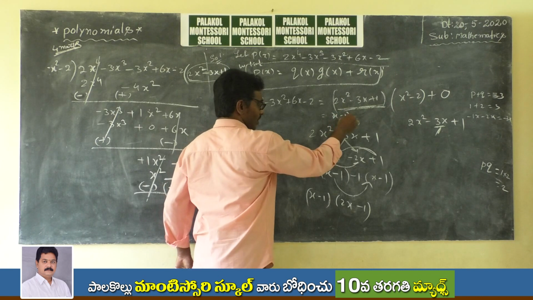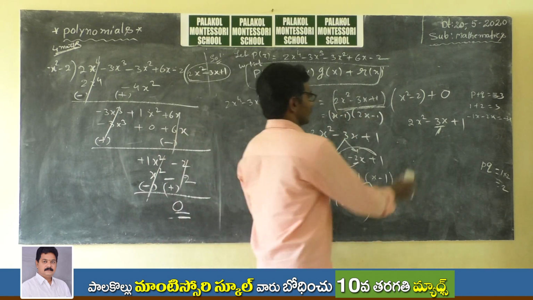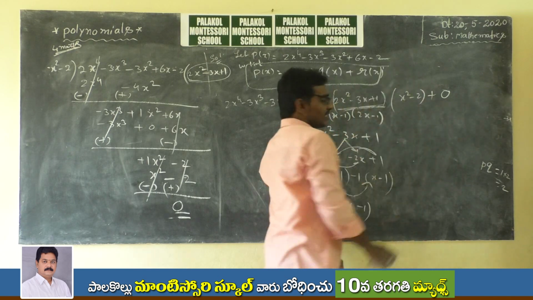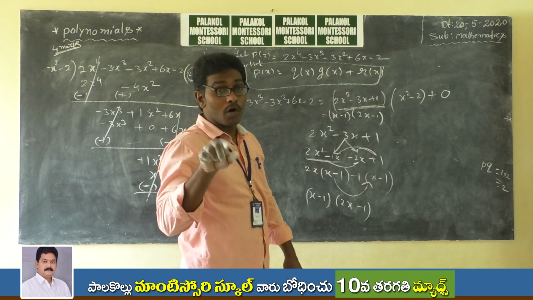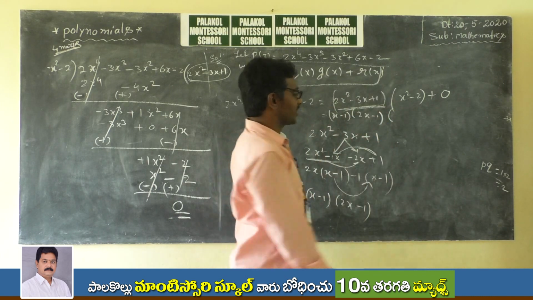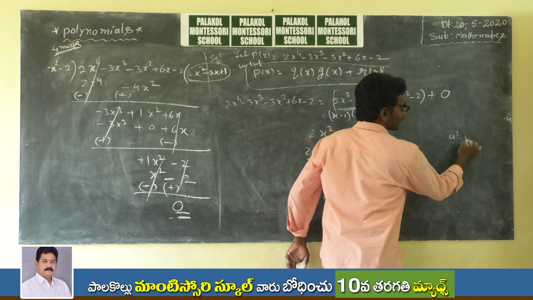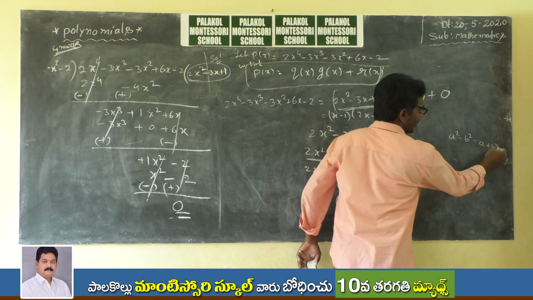So x minus 1 times 2x minus 1. Yes, this is x square minus 2. You already know the algebraic identity: a square minus b square is equal to a plus b into a minus b.